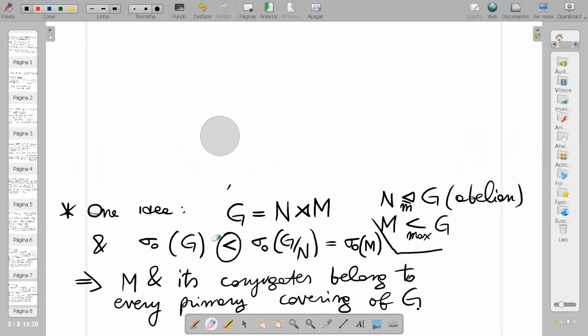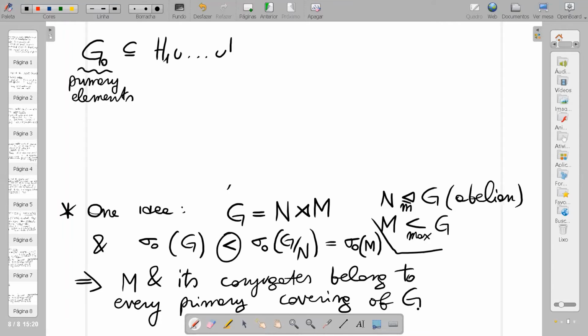Wait a second. The reason is that, let's call G0 the set of primary elements. Let's say that G0 is contained in a union of subgroups.